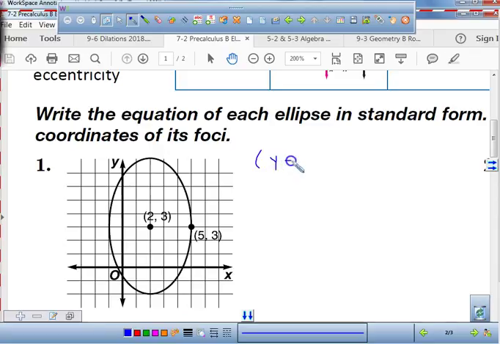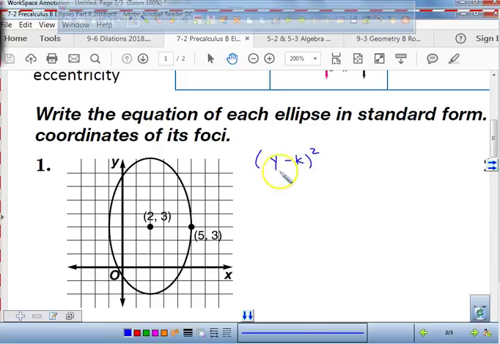So put y minus k squared over a squared plus x minus h squared over b squared equals 1. That's what you want to do first. Go ahead and write that out. What's going to be our h and our k value, everybody? What's the order here? A 2 and a 3. Now, everybody, something you need to be aware of. Ready?